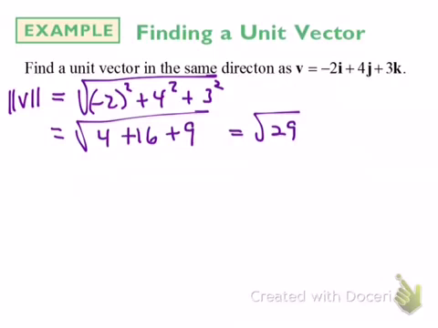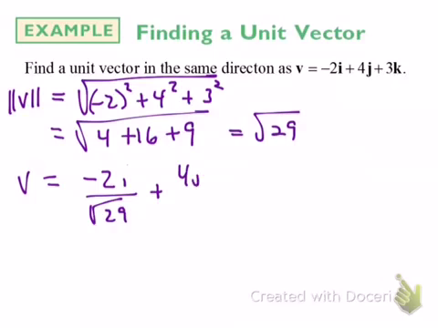Alright, and then we're finding the unit vector, so we're dividing this whole vector by the magnitude. And so we have negative 2i, now we're dividing that by the square root of 29.